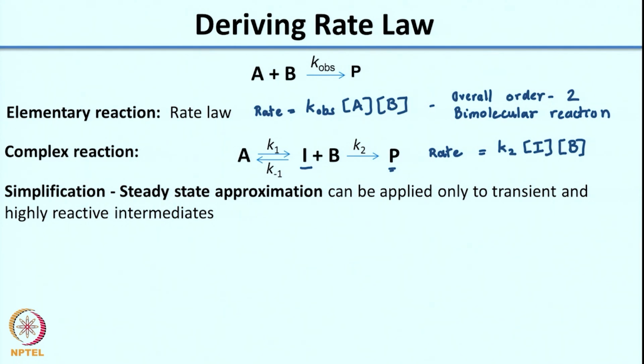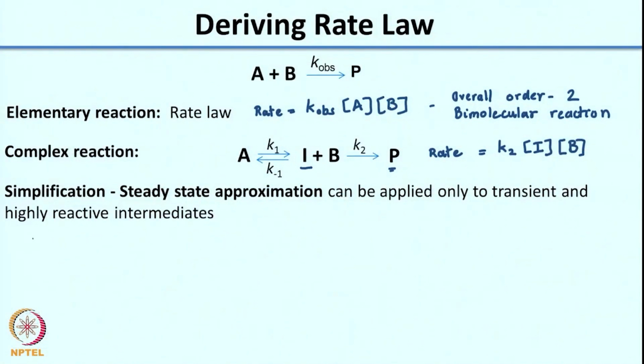So, in this case you have the intermediate I. The steady state approximation essentially tells you that after a point in the reaction you have almost a steady concentration of I. That means as soon as I is formed, it is also consumed. So, initially you have I being formed from A, and as soon as it is formed, it is consumed to give you P or come back to A. So, this is what steady state means. Just like the English word, you have a steady state of I.